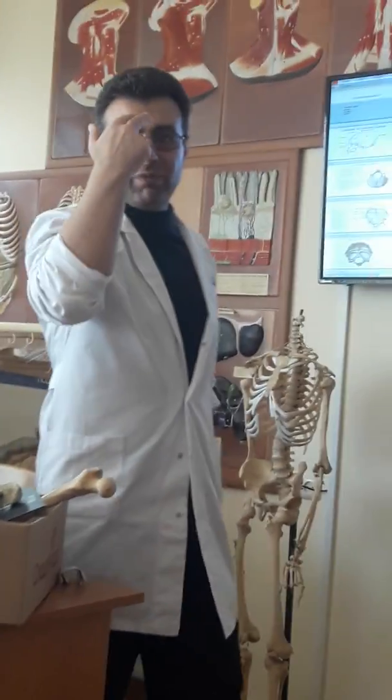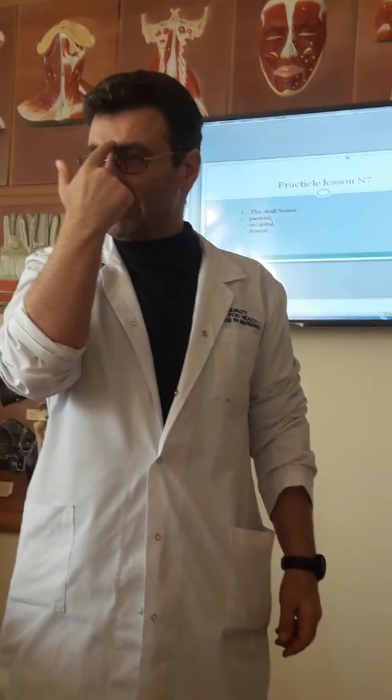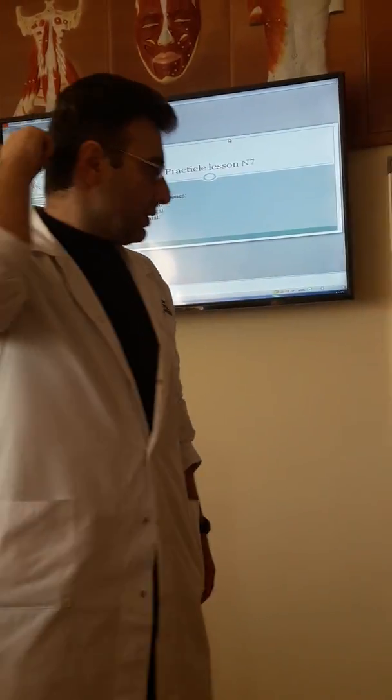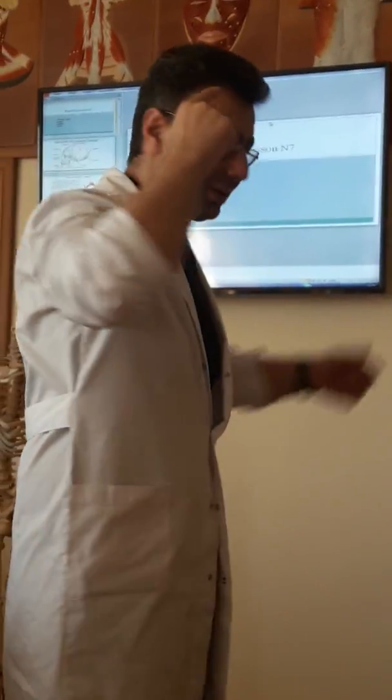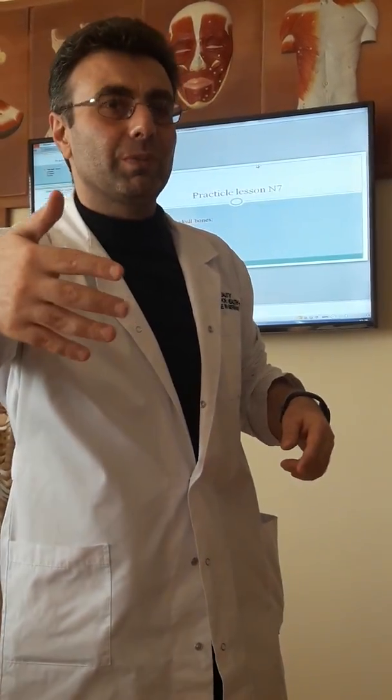Remember, please, in the fornix of the neurocranium, we have just the bones which I give you today to study. It is the single frontal bone, single occipital bone, double parietal bones, and double temporal bones. Together you can see there are exactly 4 bones. From these 4 bones, I give you to study only 3 today: the frontal bone, the occipital bone, and the parietal. Temporal bones will be your next homework.